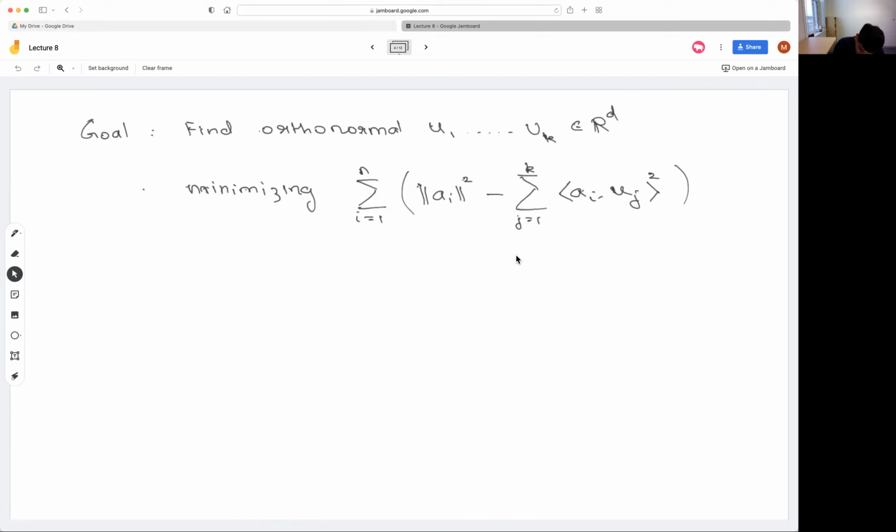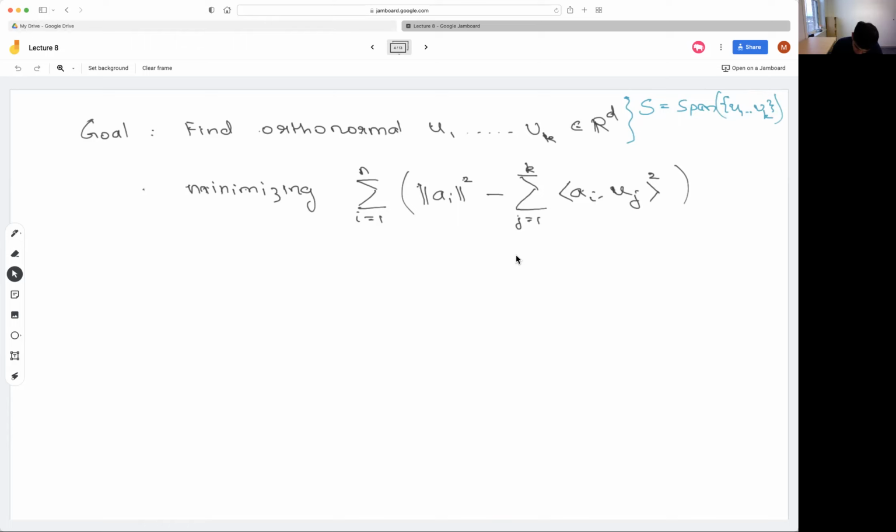I'm going to think of the subspace S as being implicitly specified by these basis vectors. So you give me an orthonormal set U1 to UK, the span specifies a k-dimensional subspace. Whatever it is, I'll call it S. And we know that if we have an orthonormal basis for S, then this is the distance.